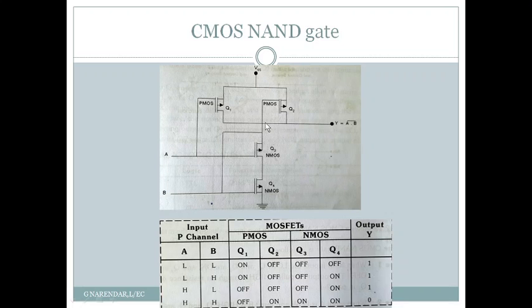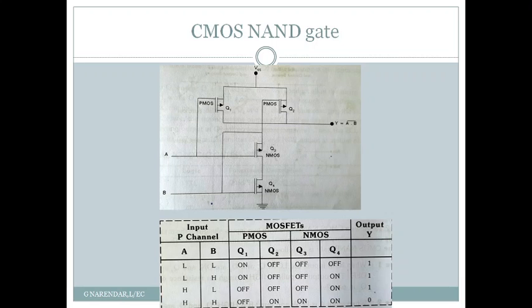This is also the point where we have connected the drain of Q3. And you can see that the source of Q3 is connected to the drain of Q4, and the source of Q4 is connected to ground. And this is the circuit arrangement for CMOS NAND gate with 2 inputs.